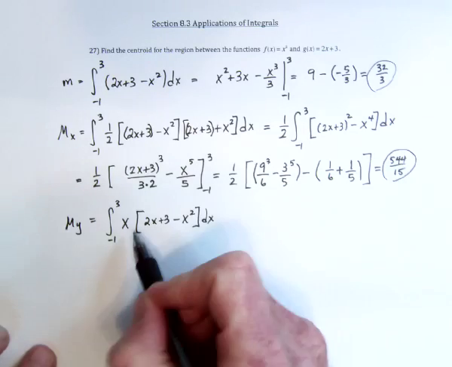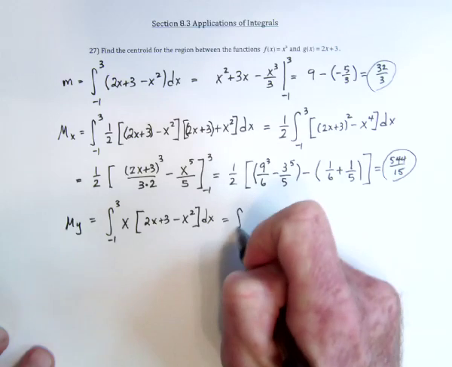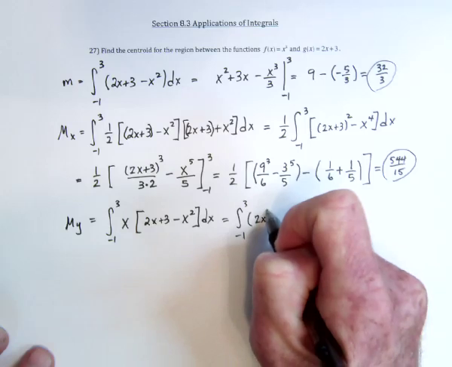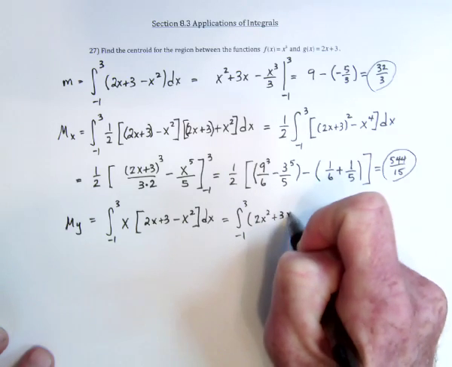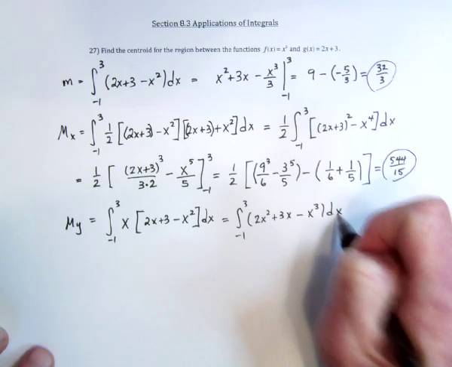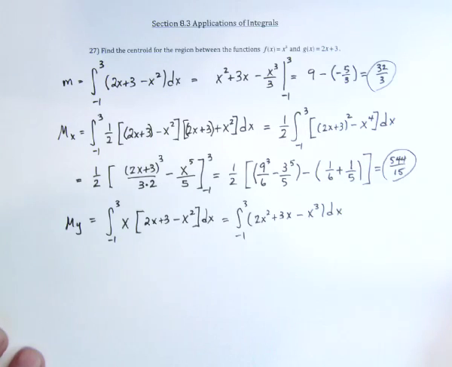So go ahead and distribute that. So integrate from negative 1 to 3: we would have 2x squared, 3x, and minus x cubed. Good old algebra.